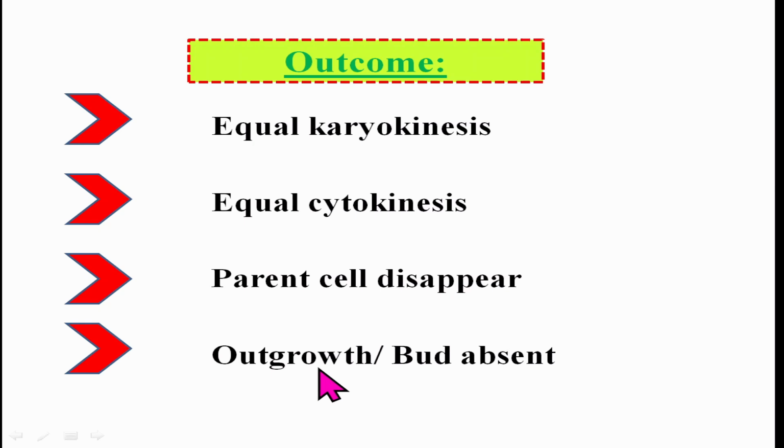Outgrowth or bud is absent in each case, so you cannot see any outgrowth or bud. Only the nucleus divides into two, and then after the division of nucleus and cytoplasm, the daughter cells are formed. So these are the outcomes of fission.